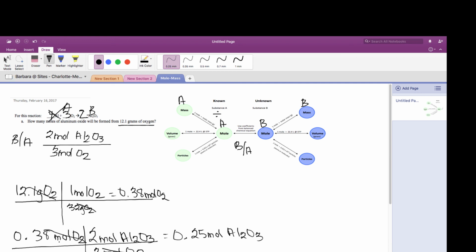We start with 0.38 moles of oxygen, which came from the first calculation, times 2 divided by 3. We cross out the like units and we're left with the answer of 0.25 moles of aluminum oxide.